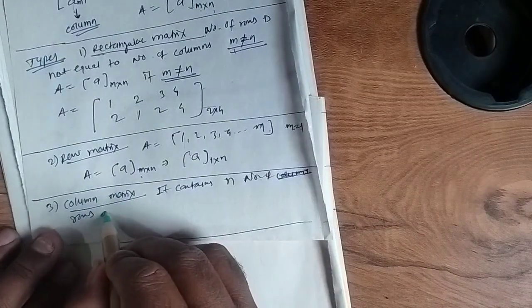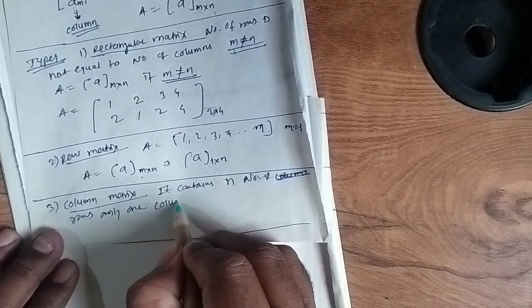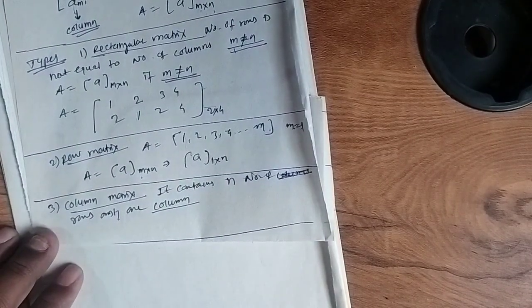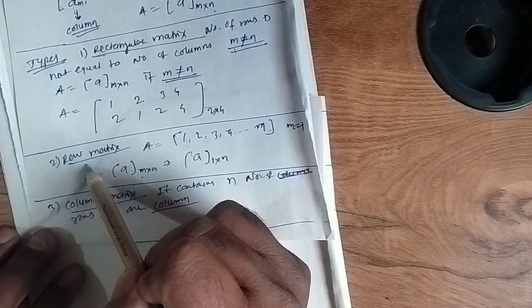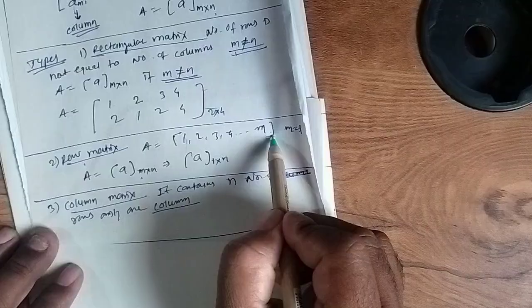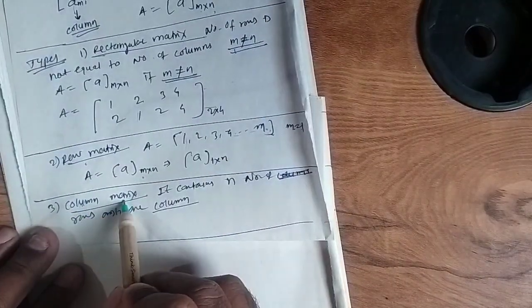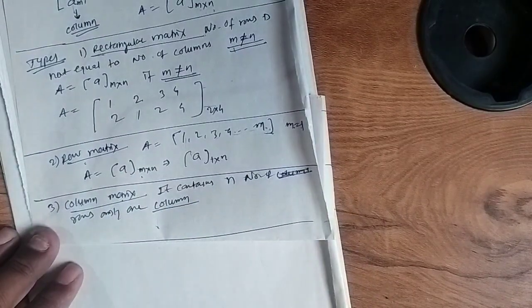In a row matrix, only one row and n number of columns; in a column matrix, only one column and n number of rows.